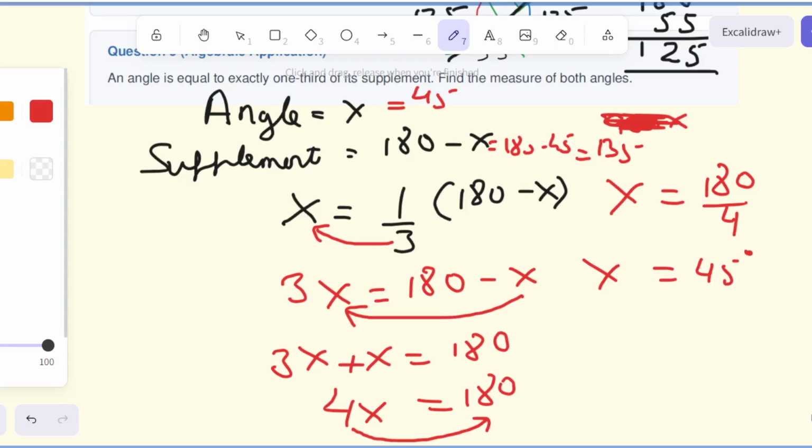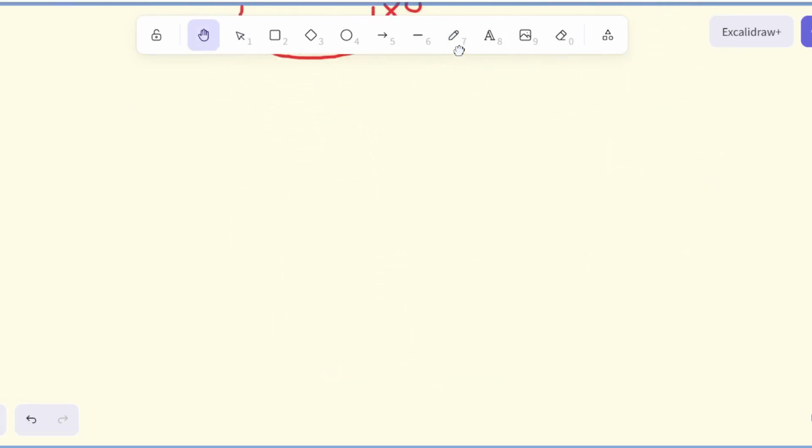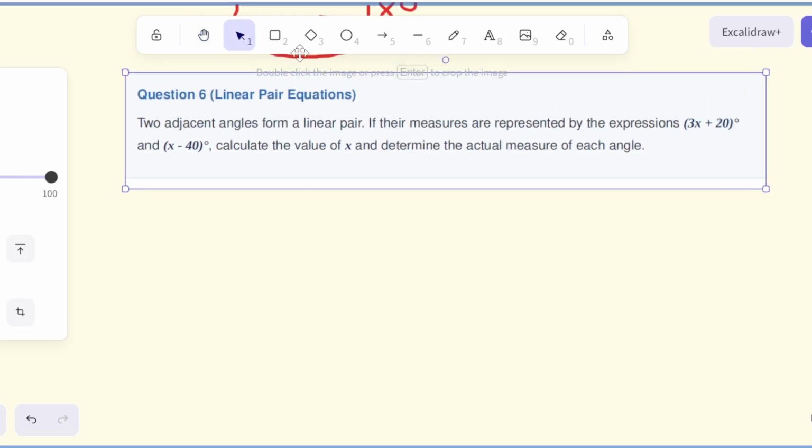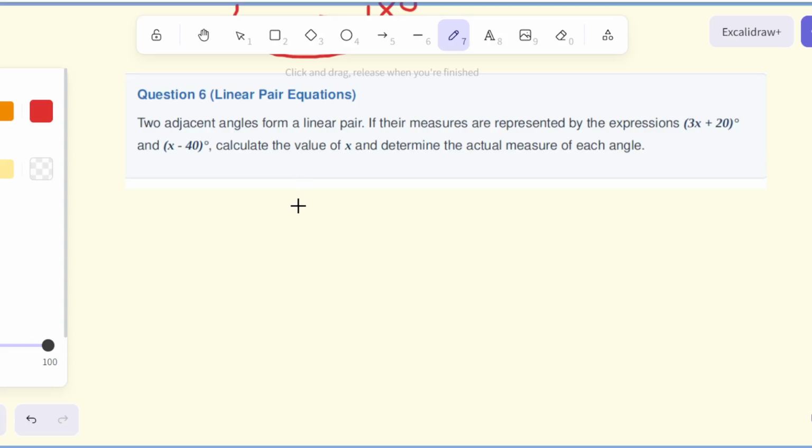Let's do one more. Yeah, this one. The two adjacent angles form a linear pair. Okay, let's make a straight line.